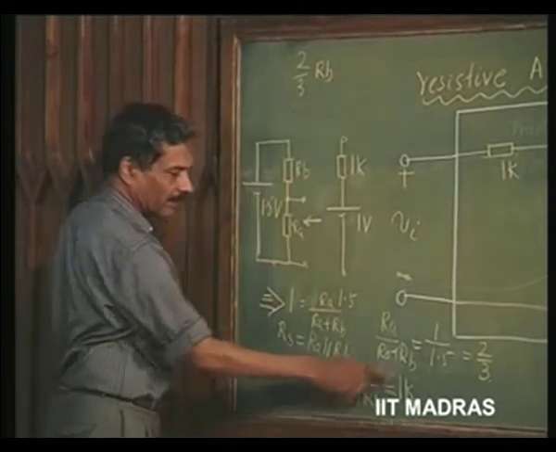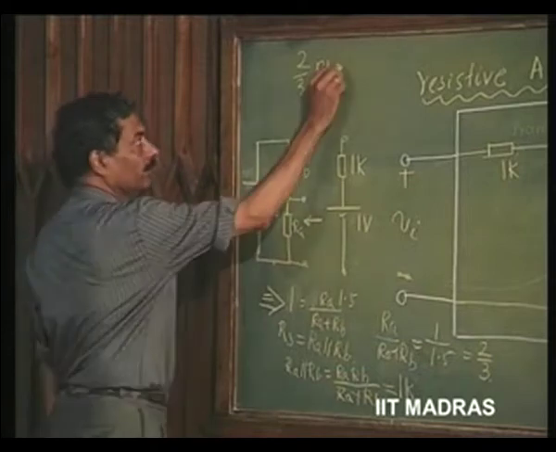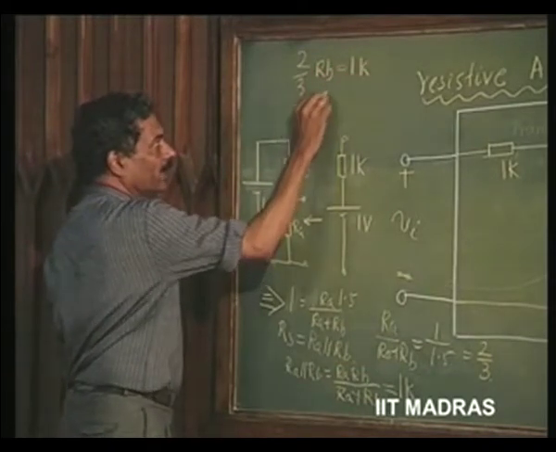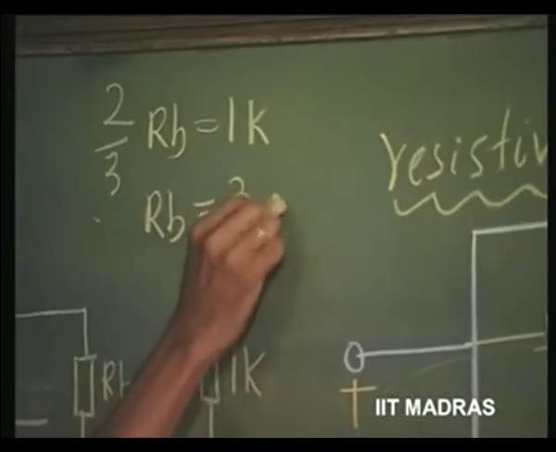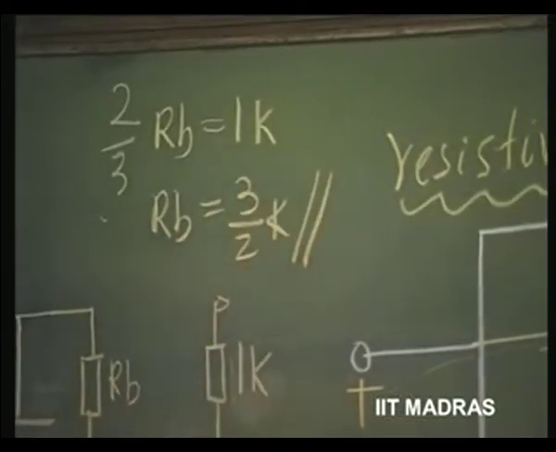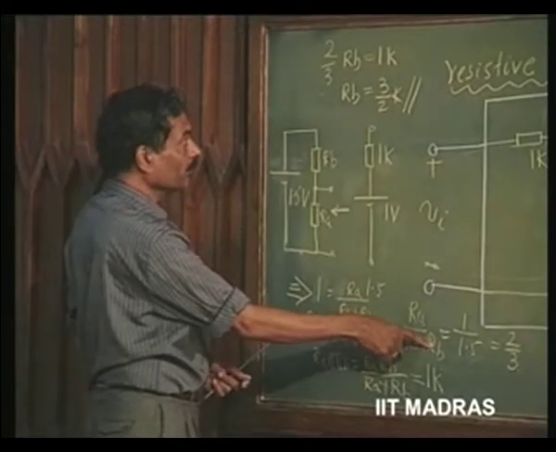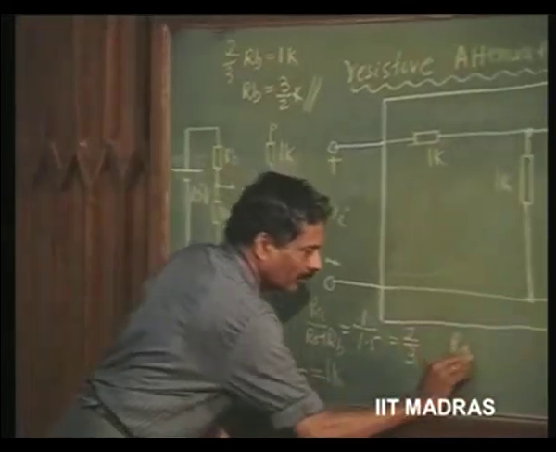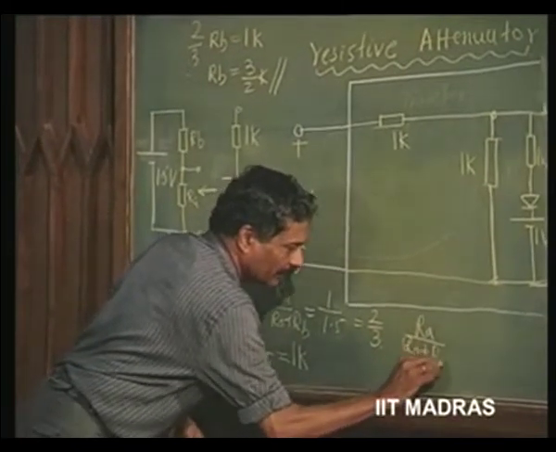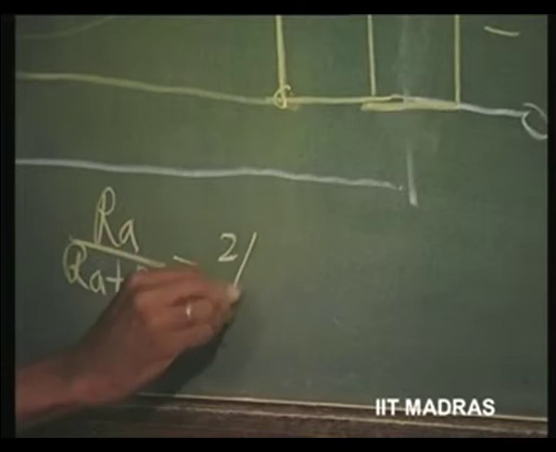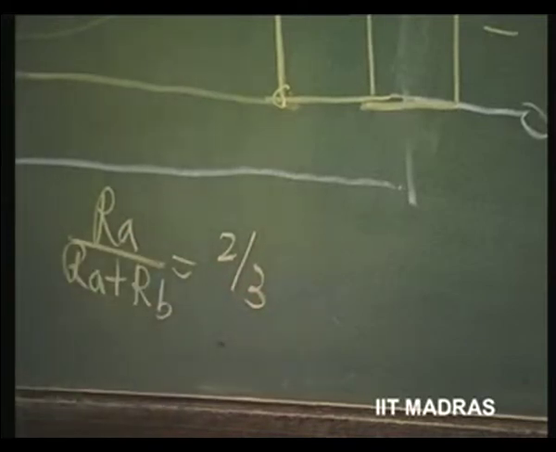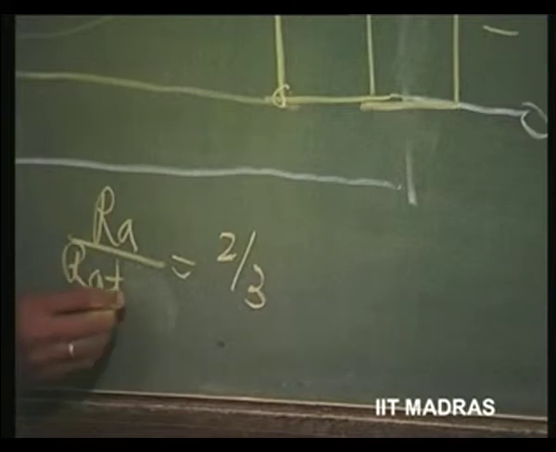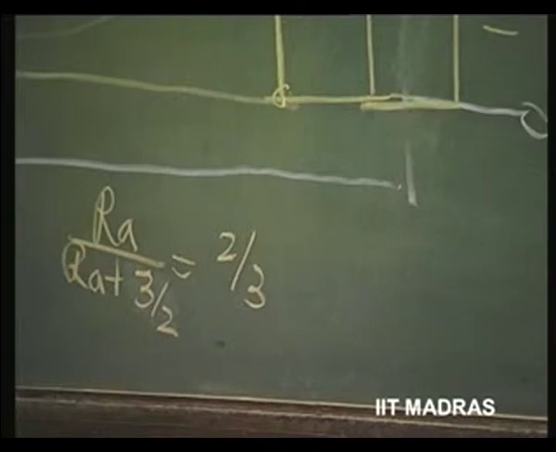RA by RA plus RB is fixed as 2 by 3, so 2 by 3 RB is equal to 1K, or RB is equal to 3 by 2K. This is the solution. So, you can resubstitute this value of RB, 3 by 2K, and solve for RA.